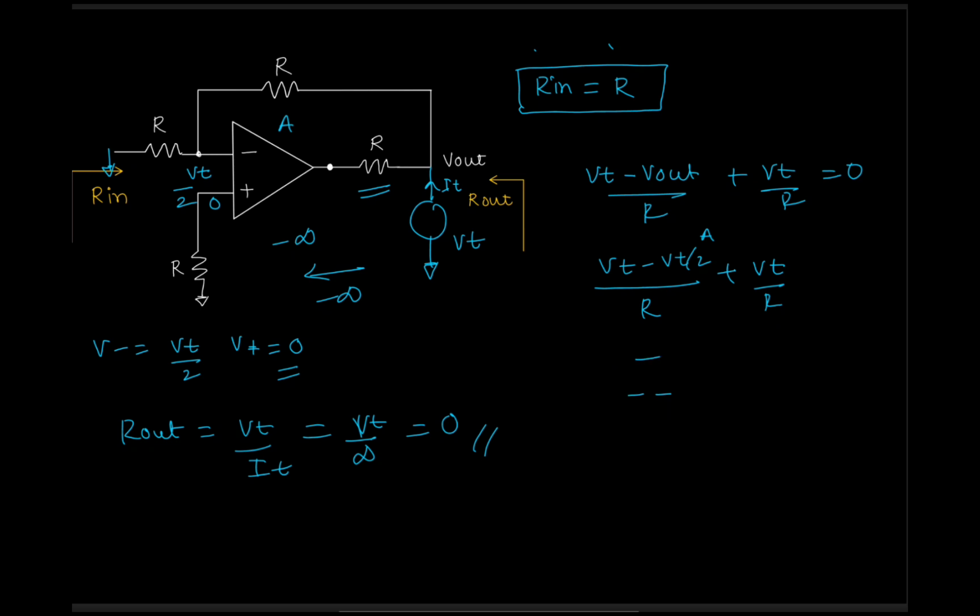Now again you have to solve all these equations. So this is 0, you can neglect this R, then what will happen? VT minus VT into 2 into A plus VT is equal to 0. Not 0, sorry, this is not 0, this is IT.